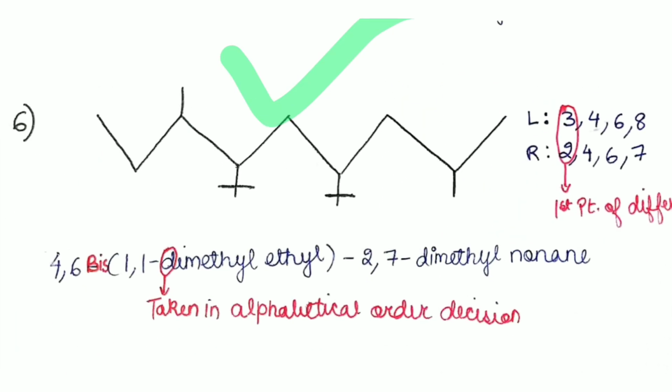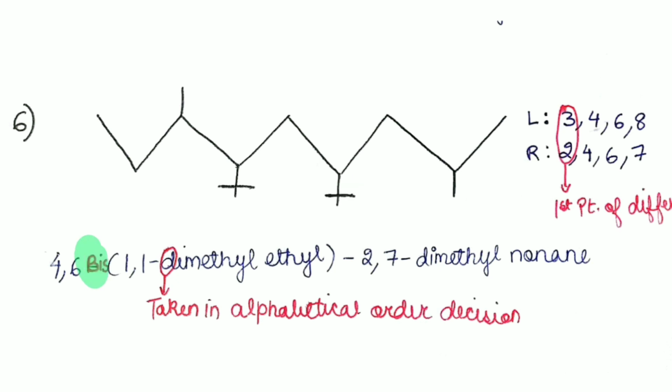That's right. So the name of the compound comes out to be 4,6-bis 1,1-dimethyl ethyl. Why we are using the word bis is because when we are using this bracket to give us the substituent's name, which consists of a 1,1-dimethyl group, we always use a multiplier outside the bracket. When we have 2 of a kind, we use bis.